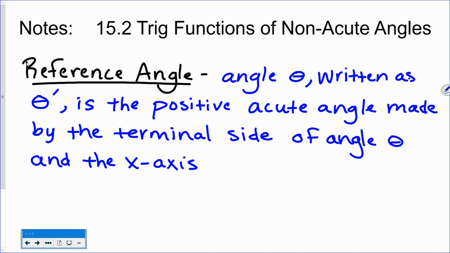All right, the big things to focus on are that it is positive, and you are always going back to the x-axis for this angle.